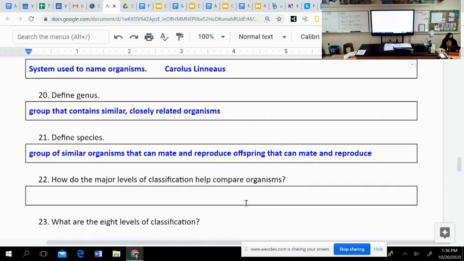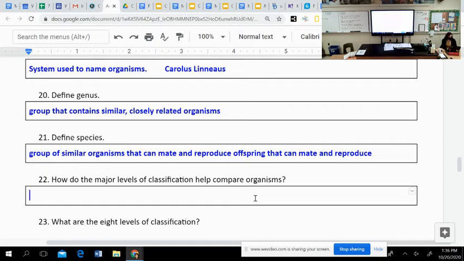Then question 22, how do the major levels of classification help compare organisms? They help compare by being grouped by what similar organisms.